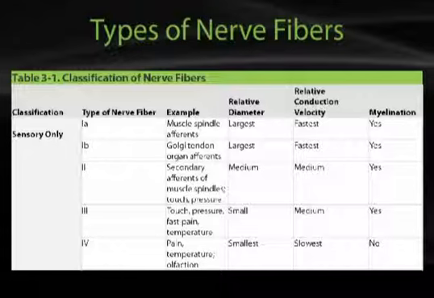And again, the first three, type 1A and 1B, 2 and 3 are all myelinated, and type 4 fibers are unmyelinated. And again, the first column is the fiber type, second column gives you an example of the use of these nerves within the peripheral nervous system, and the type of information that is conducted by each nerve type.